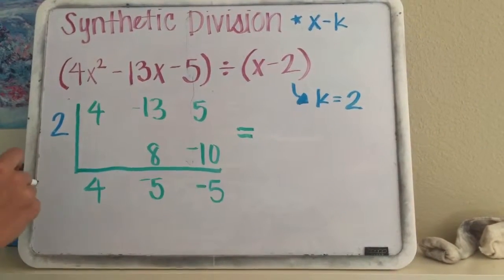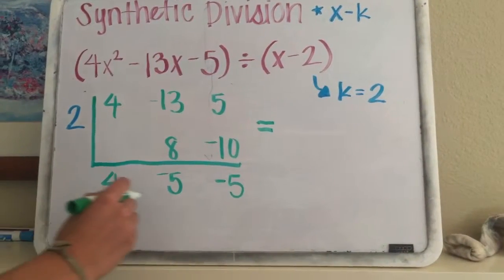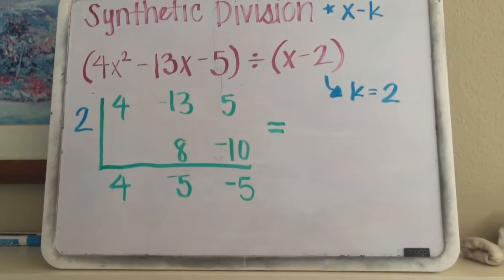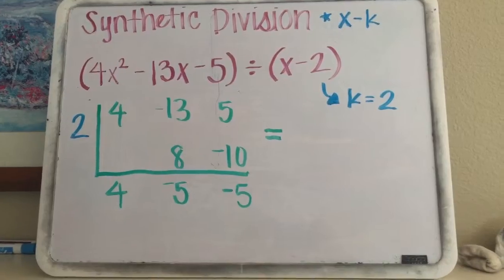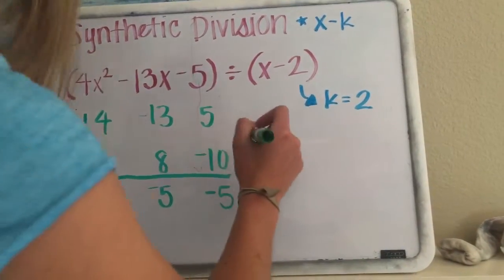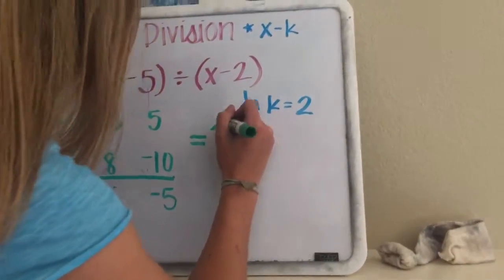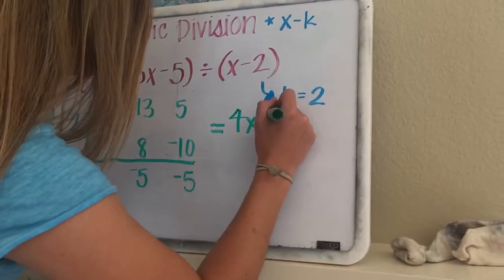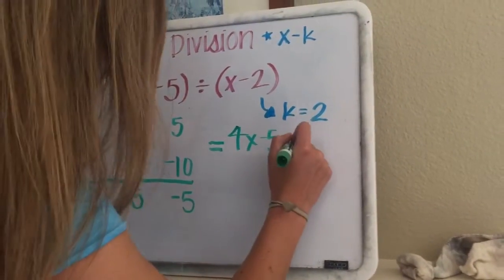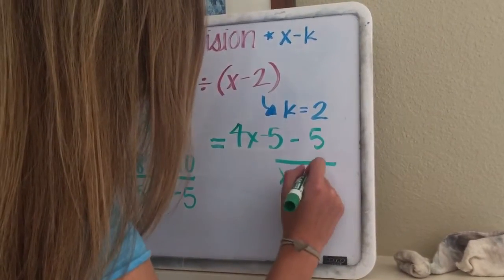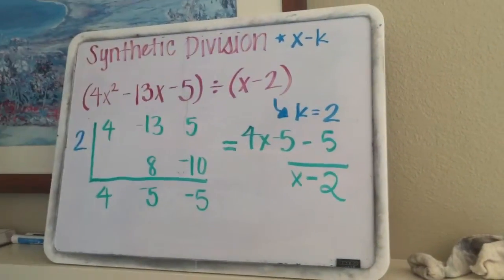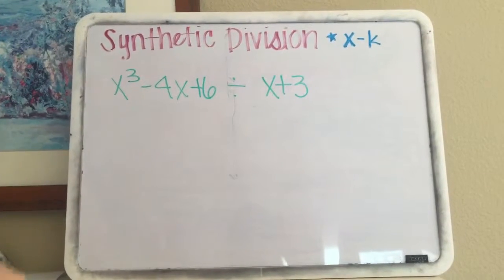So after repeating this process, the first 3 numbers of the bottom row are the coefficients of the quotient, and the last number is the remainder. So our final answer can be written as 4x minus 5 minus 5 over x minus 2.